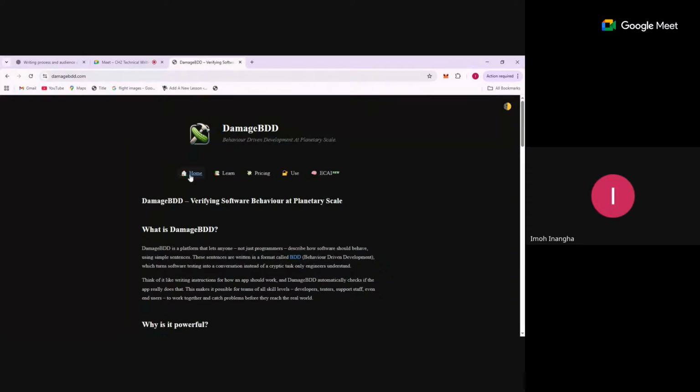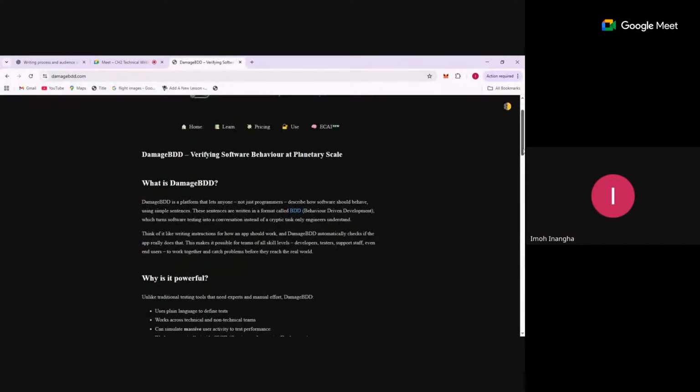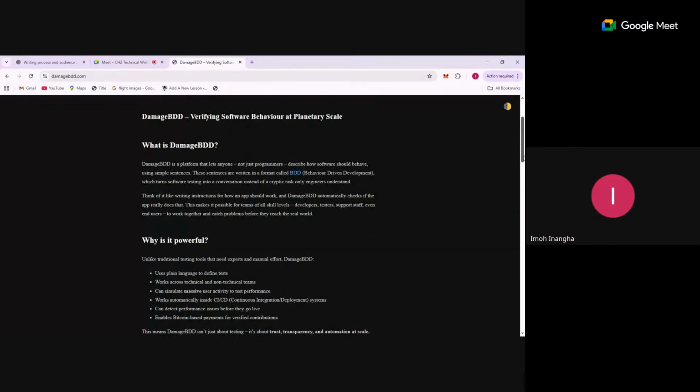What is Damage BDD? Damage BDD is a platform that lets anyone, not just programmers, describe how software should behave using simple sentences. These sentences are written in a format called BDD, Behavior Driven Development, which turns software testing into a conversation instead of a cryptic task only engineers understand.